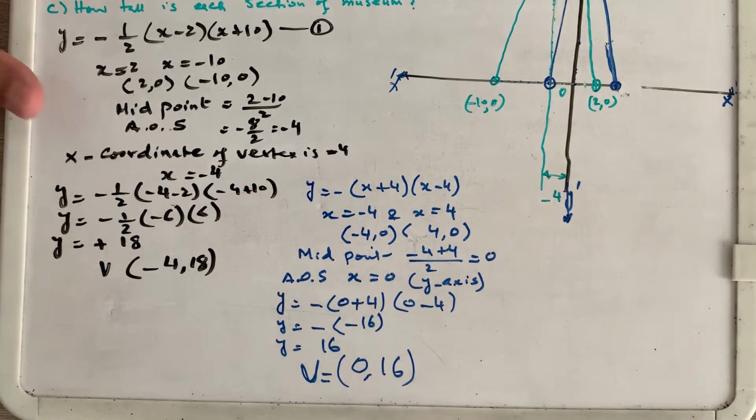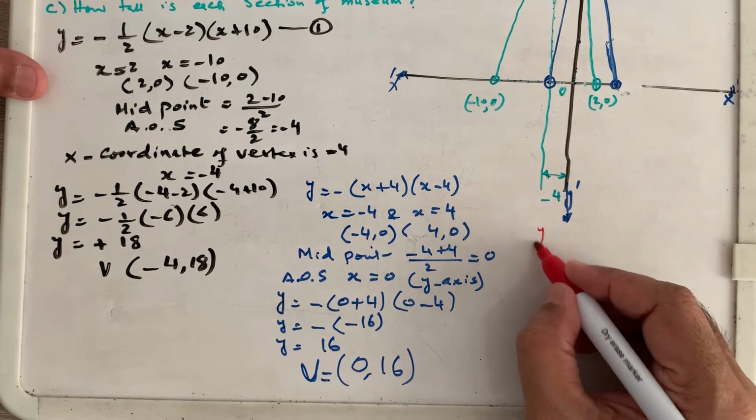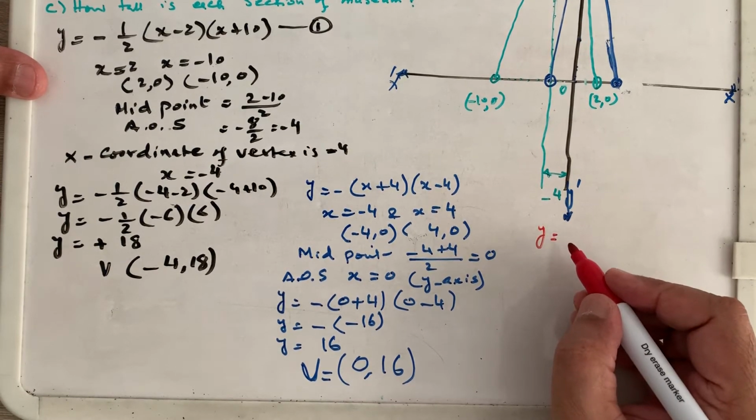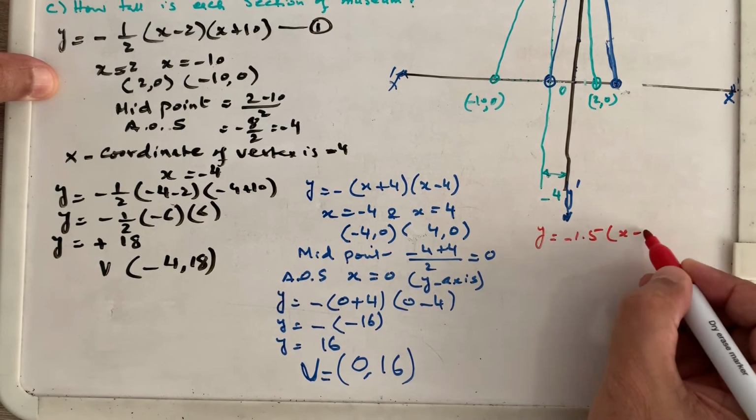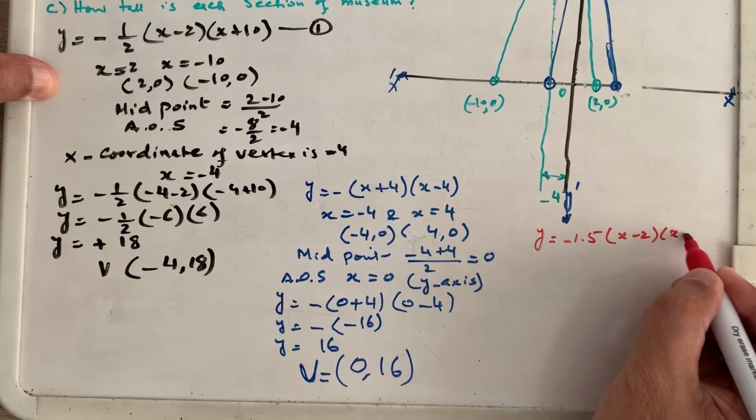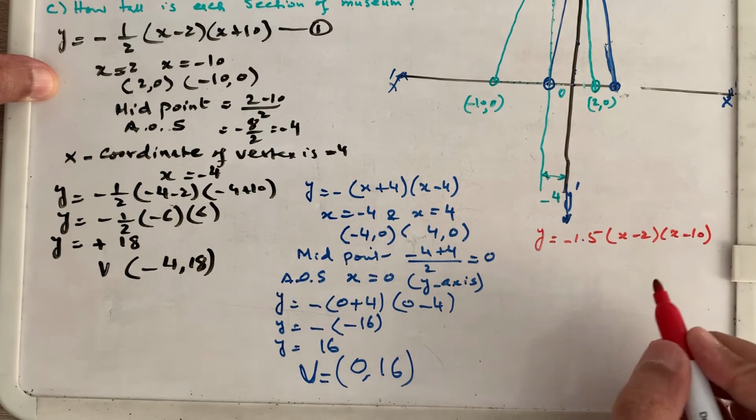And now my third curve, the third equation. What is my third equation? My third equation is y equals minus 1.5 times (x minus 2)(x minus 10). So what are the steps? We are repeating our steps.